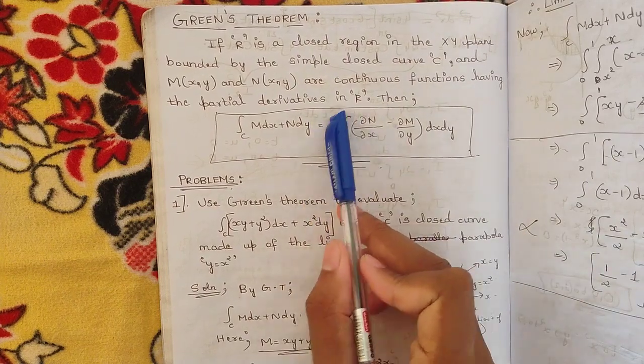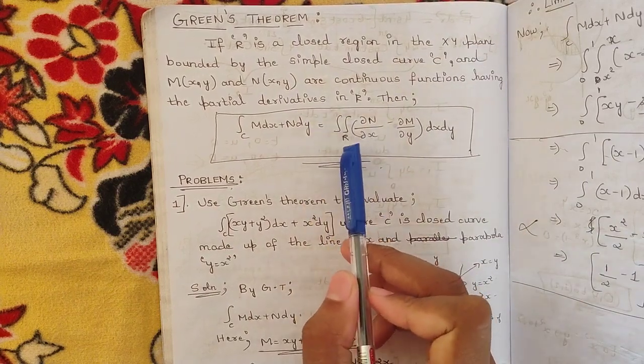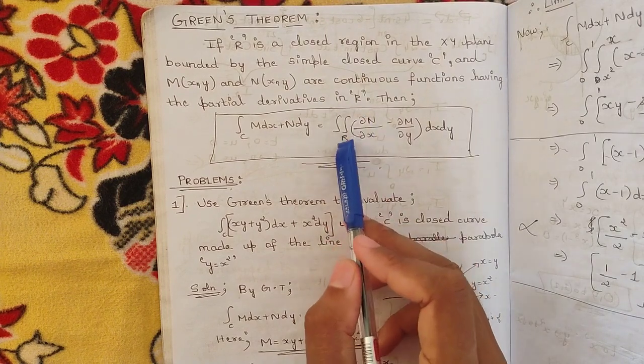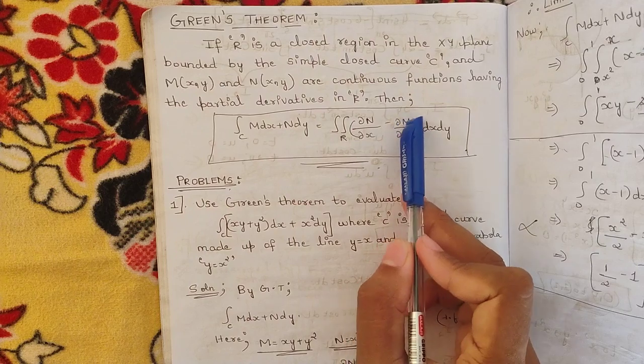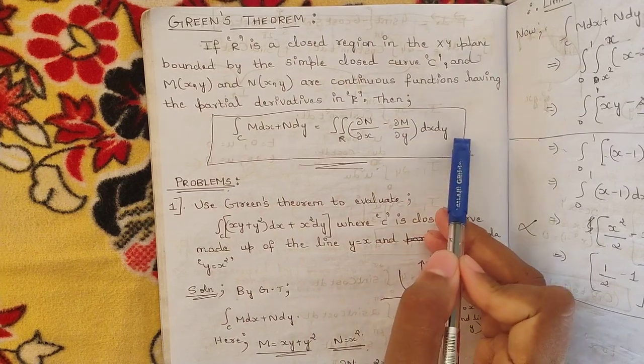is equal to the double integration over R of (dou N by dou x minus dou M by dou y) dx dy.